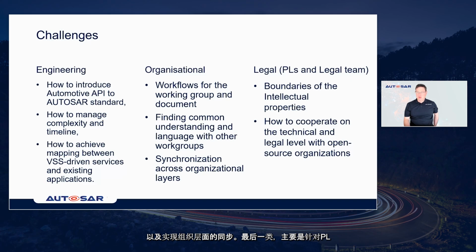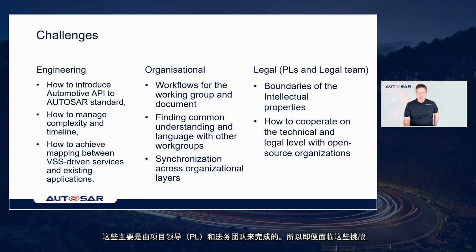The last one was mainly for PLs and the legal team, but even as engineers, we need to keep in mind the boundaries of intellectual property and how to cooperate on the technical level and legal level with an open source organization. And it was mainly done by PLs and the legal team.